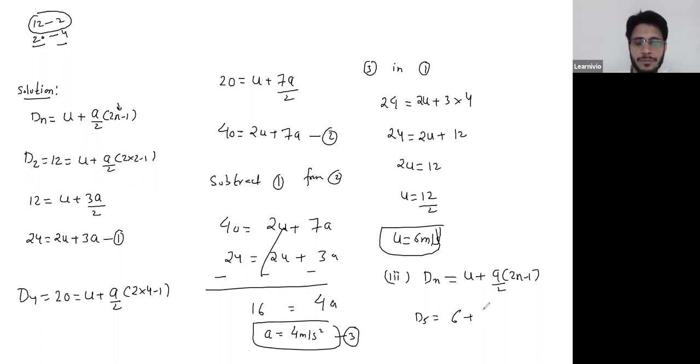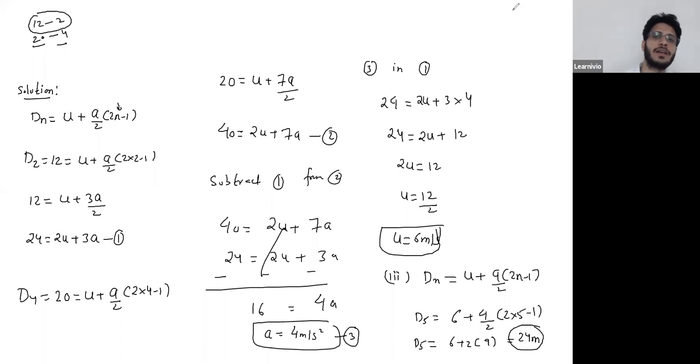What about a? 4, 4 by 2. What about 2 into 5 minus 1, which is 9? So 6 plus 2 into 9, 18 plus 6 is 24. That is the final answer, 24.